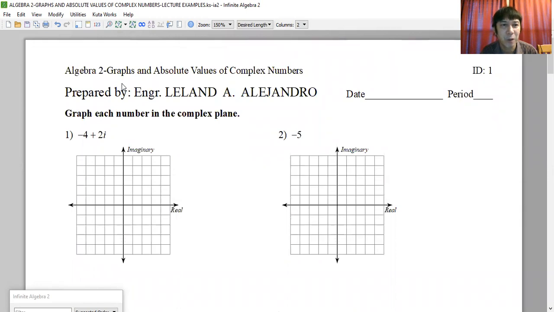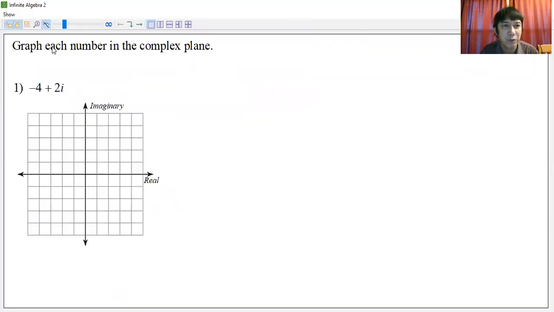Graph each number in the complex plane, and we shall be using a presentation view. The location of a number is represented by the x and y coordinates, where the x-axis represents the real number part and the y-axis represents the imaginary number.